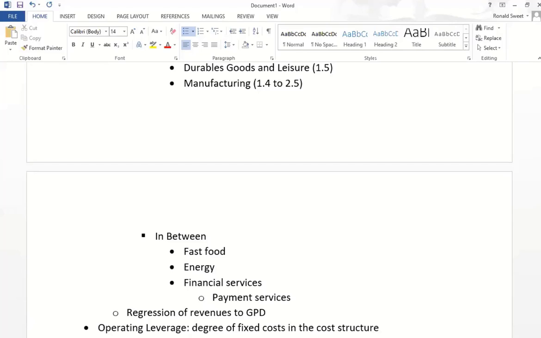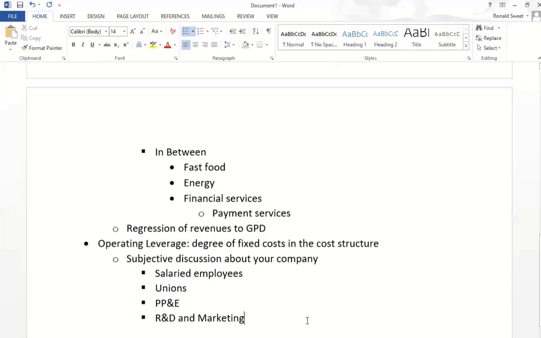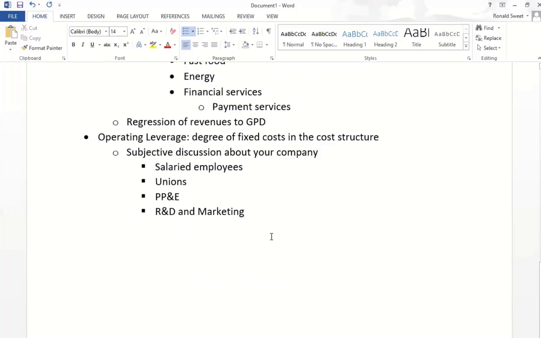Where do fixed costs come from? Well, if you have salaried employees, that's a fixed cost. If you have unions, that's a fixed cost. If you have a lot of property, plant, and equipment, that's a fixed cost. If you have a lot of R&D or a lot of marketing, that's a fixed cost. So Nike and Lululemon, if there's a heavy marketing budget, that's a fixed cost. That's the kind of thing you're looking for in your company.